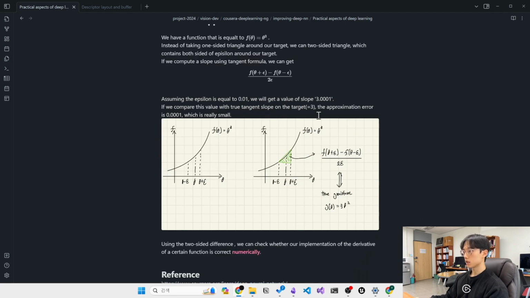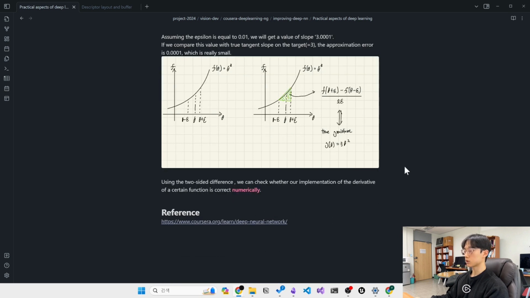In this case, we can use a two-sided difference following this formula, and if we compare it with the true tangent at this theta, it turns out that the approximation error follows O(epsilon squared), which is always smaller than the one-sided difference.